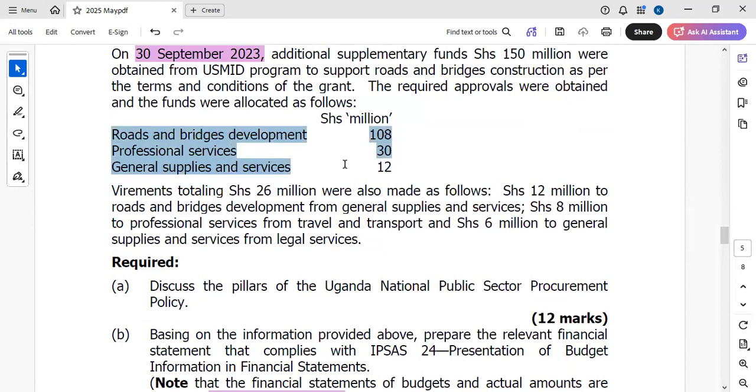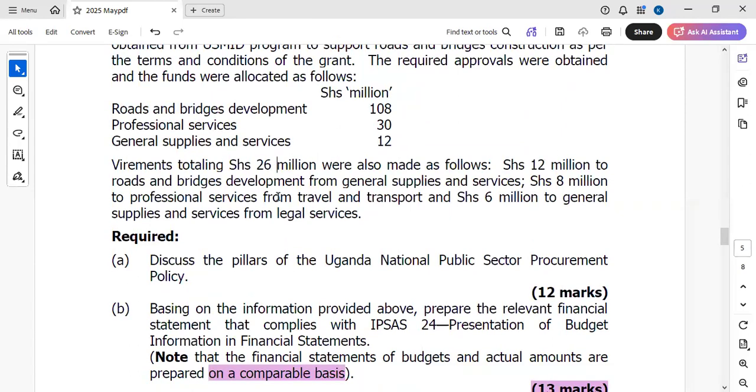These ones will increase, but they are telling you that there are some virements totaling shillings 26 million that were also made.